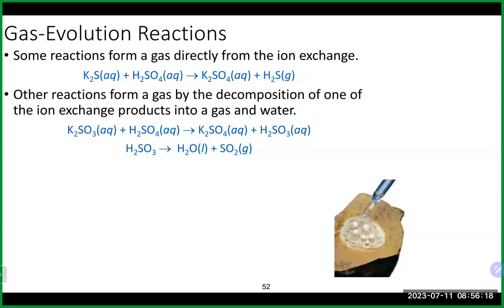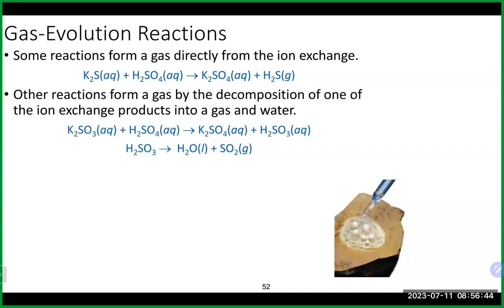One way is directly, so just directly swapping out the ions, you generate something that is a gas. The second way is a secondary reaction that occurs after the switch of ions. You get a substance that is formed that will very quickly break apart into a gas. So it's an indirect formation of a gas, and the other one is directly just straight up getting a gas.